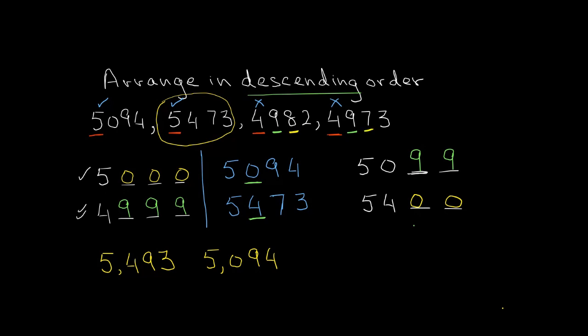So the number with the 7 in the tens place cannot be larger than 79, and the number with 8 in the tens place cannot be less than 80. And 79 will always be less than 80, which means that the next largest number has to be 4,982, and the smallest number is going to be 4,973.